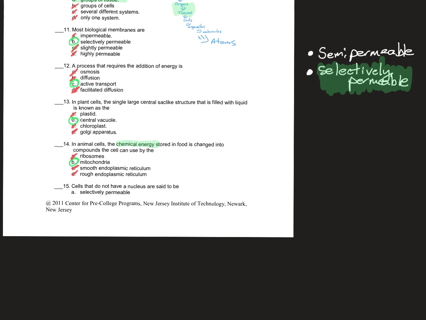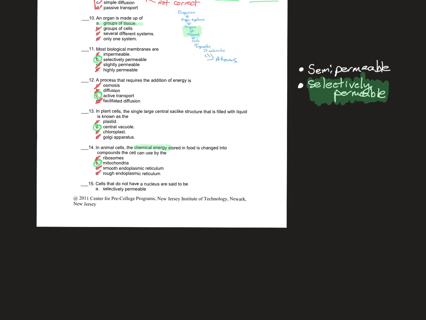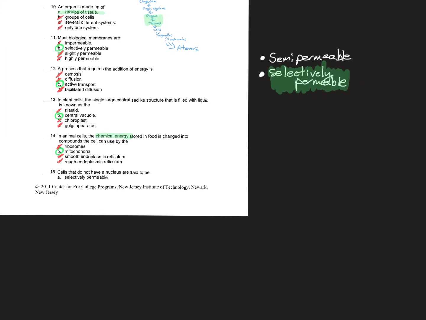Cells that do not have a nucleus are said to be, wow, again, one of those things that was hit over and over and over again, something that should be known. There are two generalized kinds of cells that we talked about, the prokaryotes and the eukaryotes.